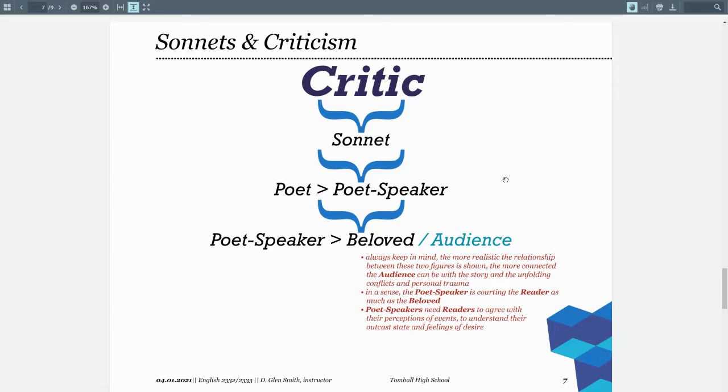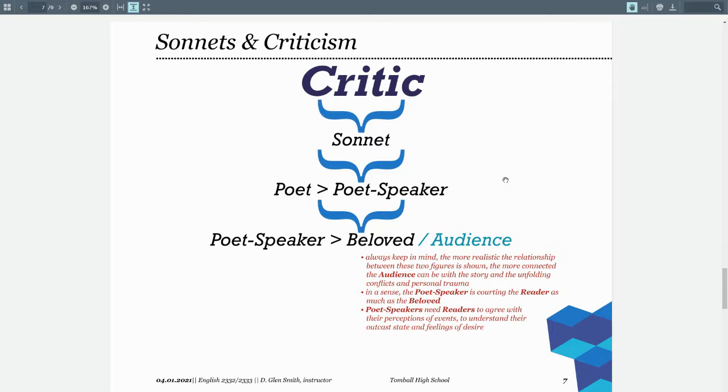Or to flip it another way, the audience, the reading audience, is a portion of the beloved. The whole point of a sonnet is to write down this creative expression and to give it to a love interest. Okay?